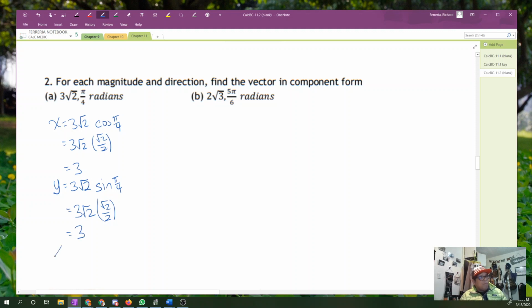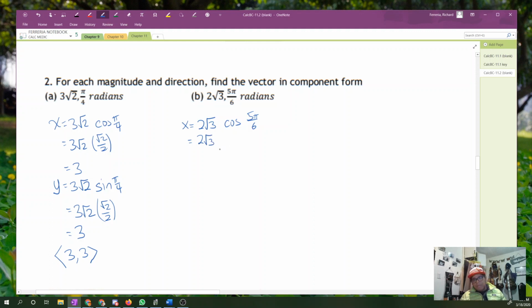So in component form, this vector is 3, 3. Okay, great. Let's take a look at letter B then. We're going to do the same thing. x equals 2 root 3 cosine of 5 pi over 6.